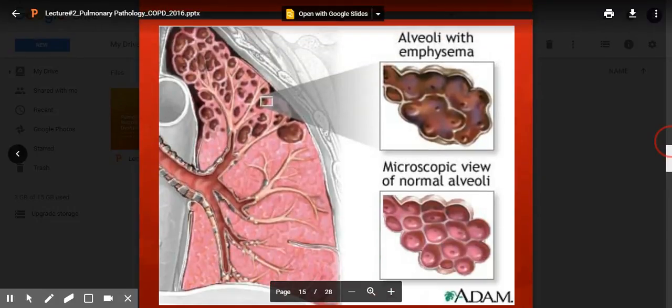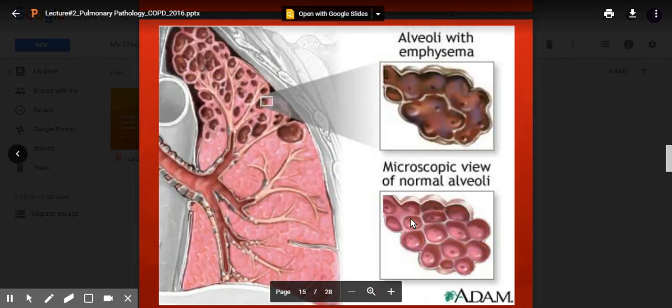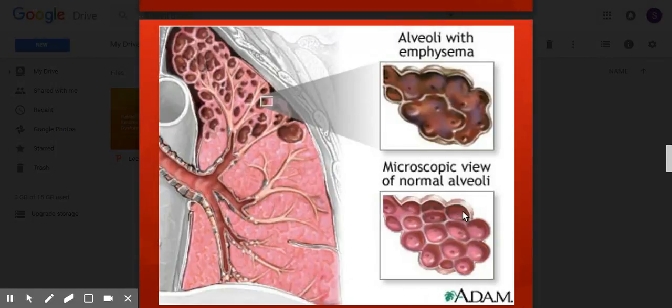So here's a diagram representation of emphysema, showing where normally you have these nice little bundles of grapes, which are your typical alveoli. What you see is destruction of those individual alveoli, resulting in these large pocketed airways, which significantly reduces the surface area for air exchange.